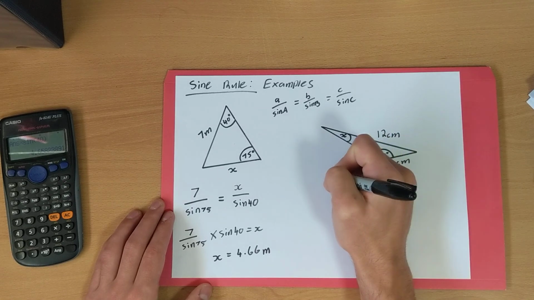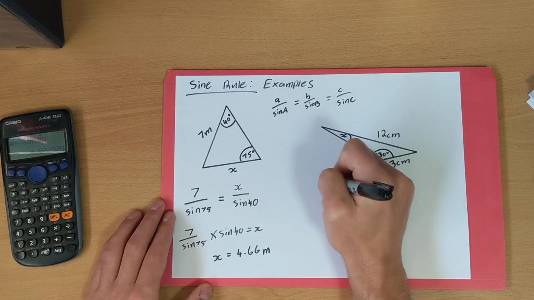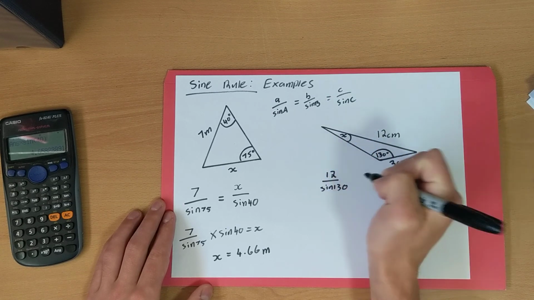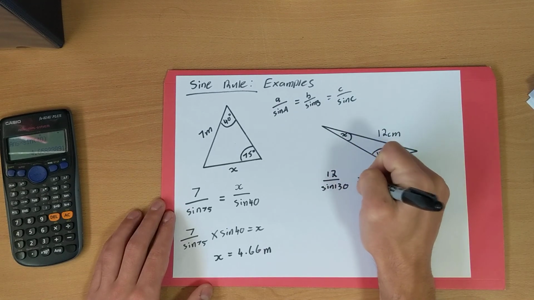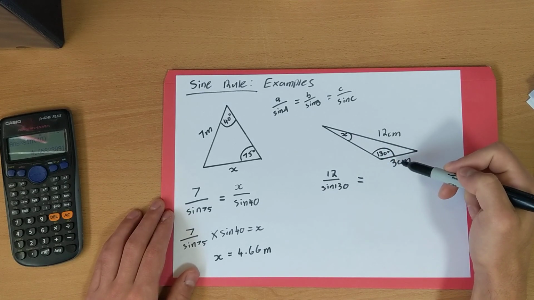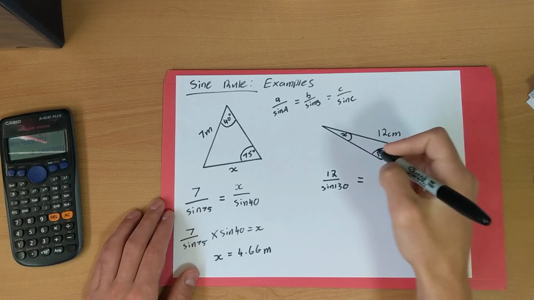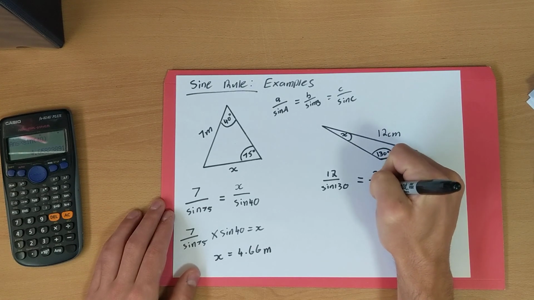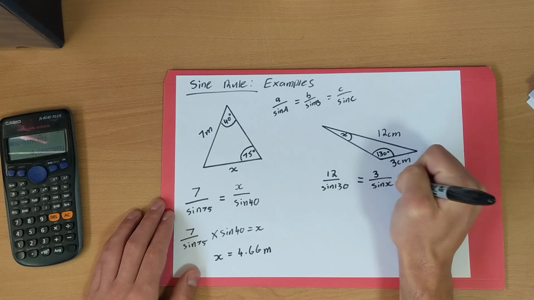So that means that 12 over sine 130 is going to be my a over sine A. And that's going to equal b over sine B, where my side length is 3 centimeters and my angle is unknown, is x. So that equals the side length 3 over the sine of x.